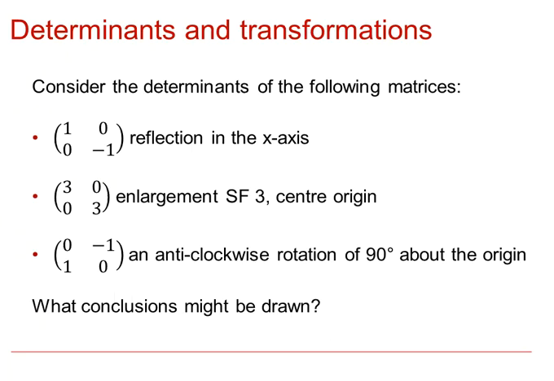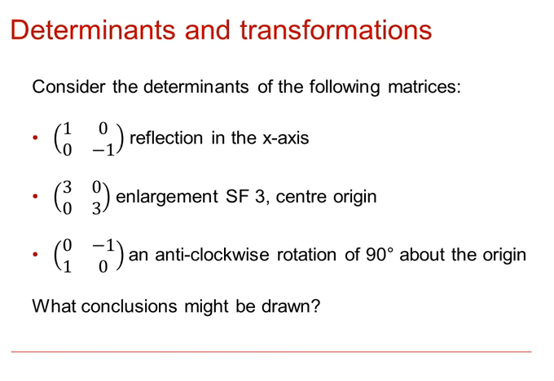Therefore, if we consider the determinants for the following matrices: 1, 0, 0, minus 1, or reflection in the x-axis, we know that that is minus 1, and that there will be reverse orientation. For 3, 0, 0, 3, enlargement scale factor 3, centre origin, we know that the determinant is 9, and that the orientation will remain the same.